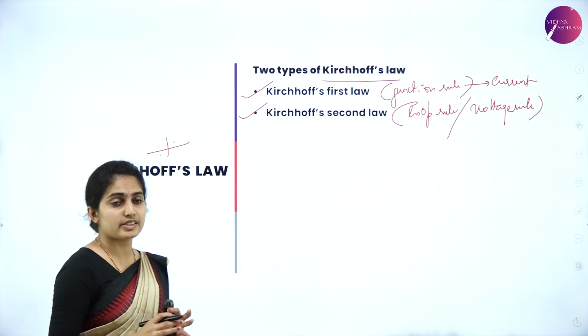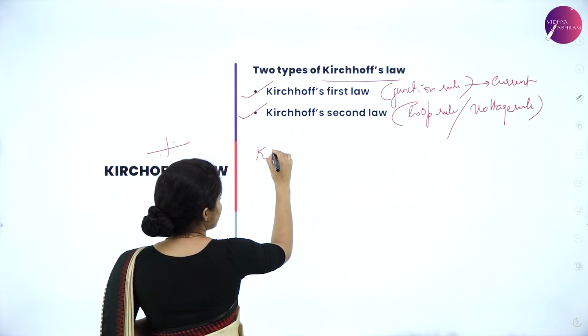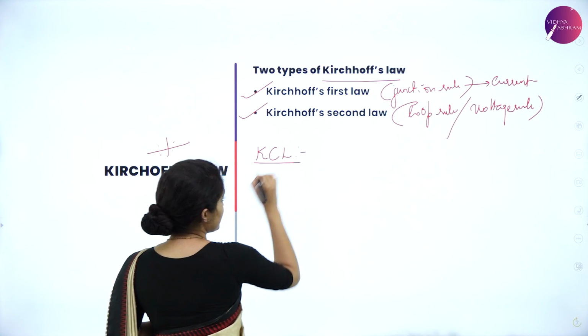So let us know what exactly the junction rule or current rule is. The first is KCL, Kirchhoff's current law.